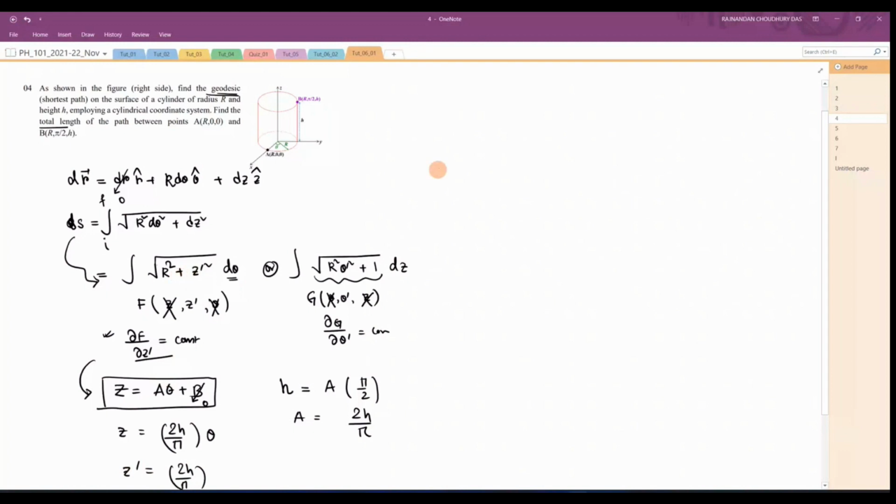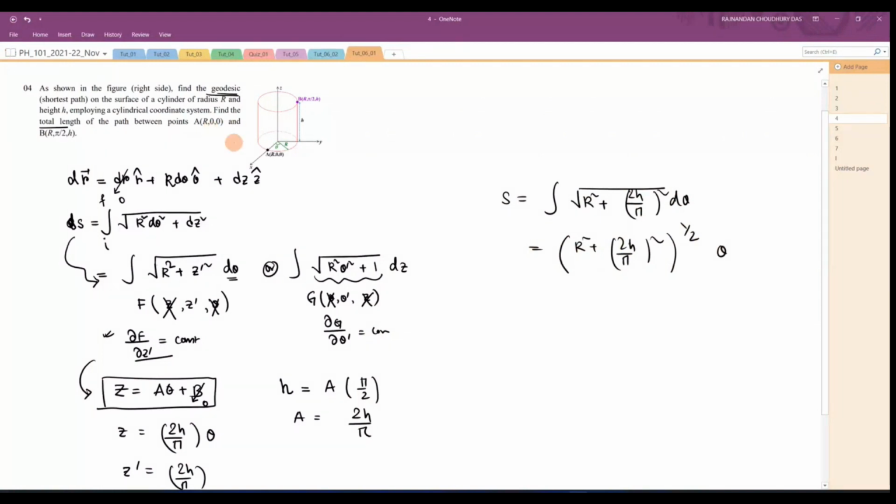You put it here, the integration for s will become integration of root over r square plus some constant, which is 2h by pi whole square, d theta, which is nothing but r square plus 2h by pi whole square to the power half. Integration of d theta will give us theta.